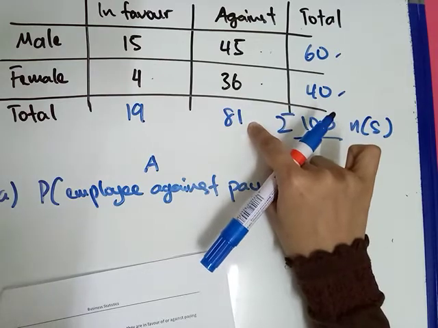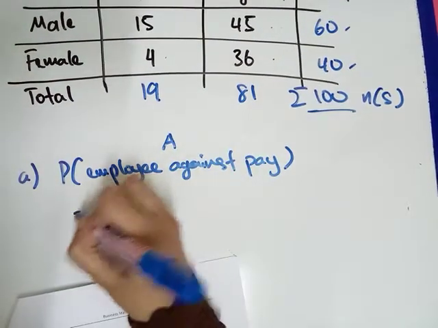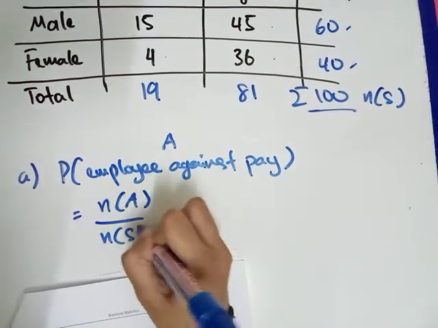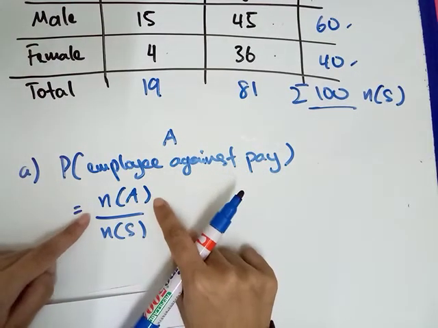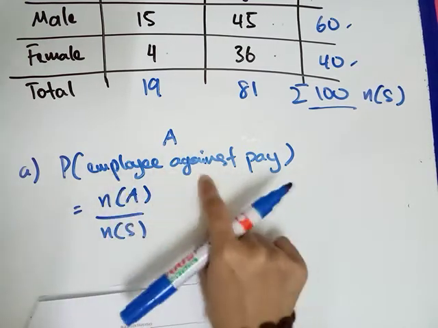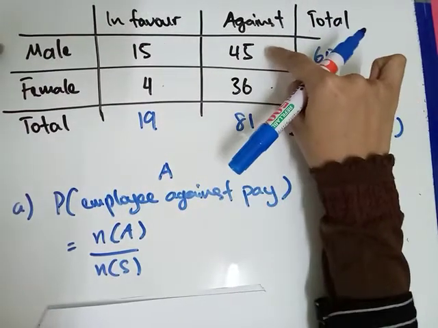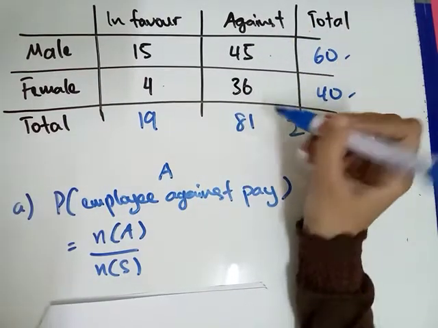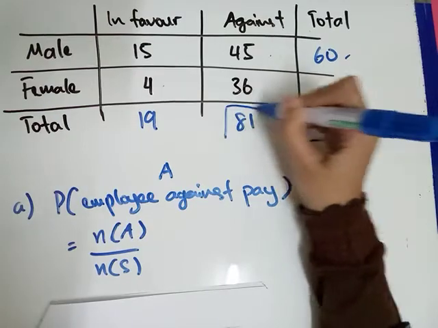Dia punya formula probability is NA over NS. Ingat lagi formula probability of A is equal the number of element inside A over dengan number of element in sample space. We know that employee against pay, tapi dia tak statekan whether male ataupun female. So bila dia bagi tahu employee, that means awak ambil yang total up against-nya, 81.